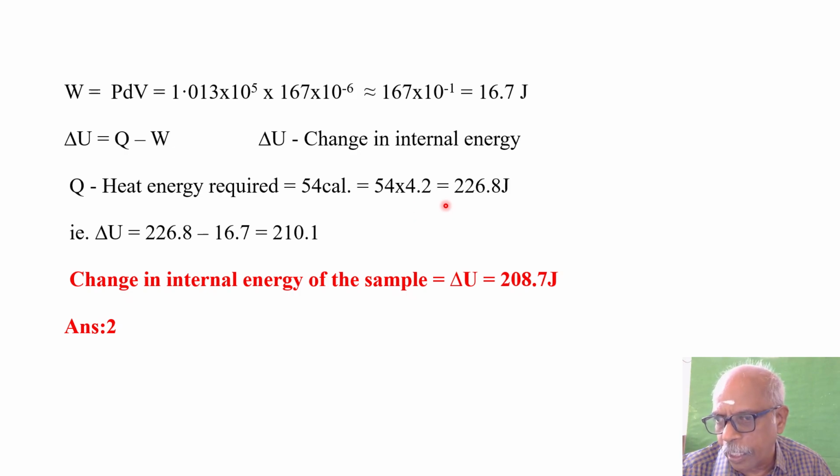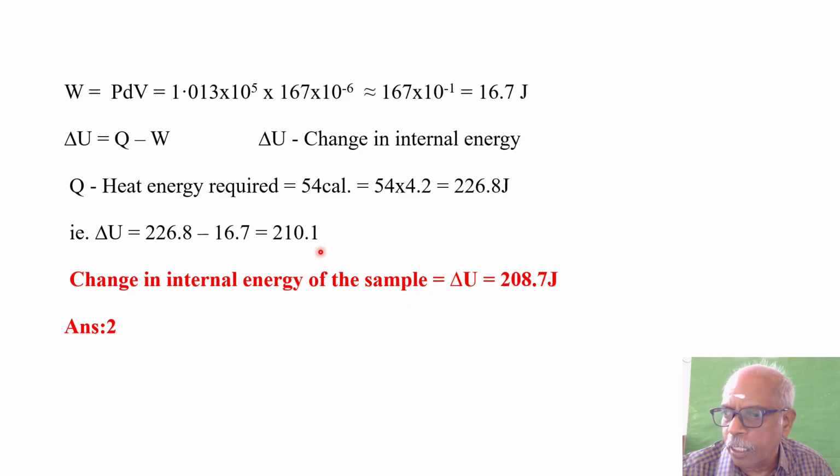That is 226.8 joules. What is this? Q. So Q is 226.8 minus W 16.7. So your delta U is equal to 210.1 joule.